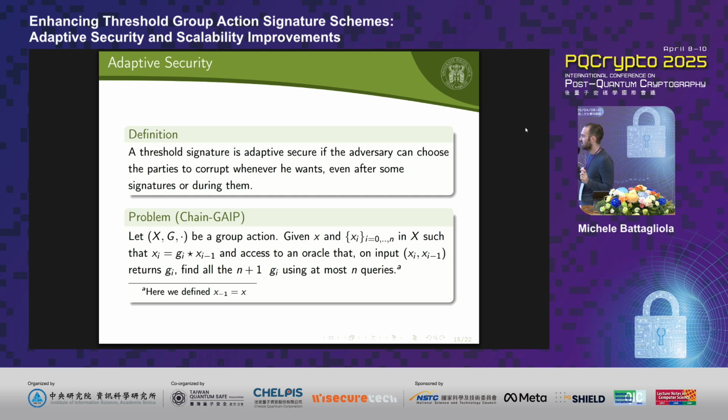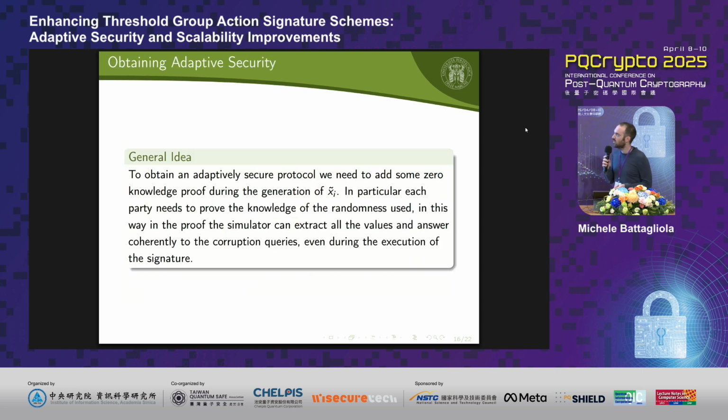But anyway, putting this aside for a moment, the idea is that if I use this kind of notion and modify my signature scheme a little bit, I can pretty easily obtain an adaptively secure signature scheme. This is pretty cool, a testament that the original construction was pretty solid.